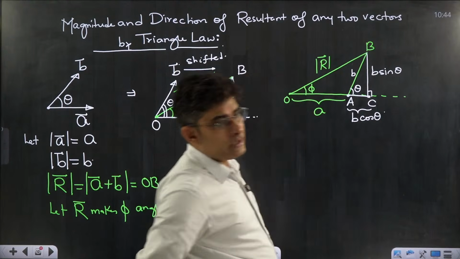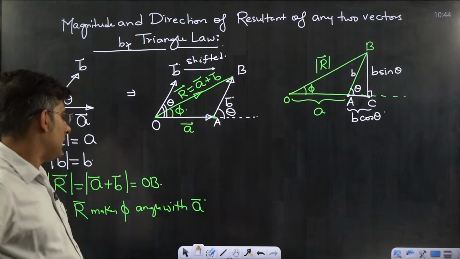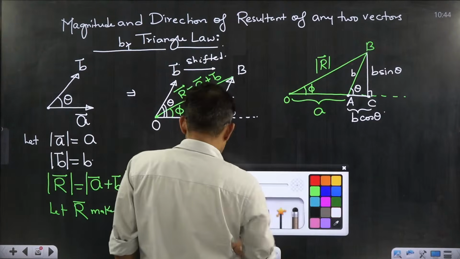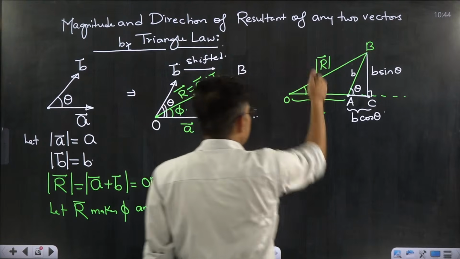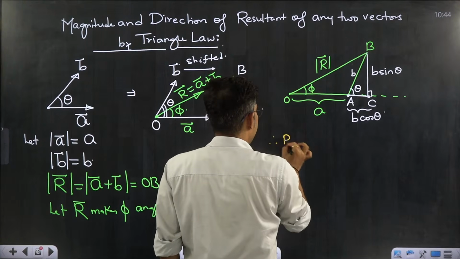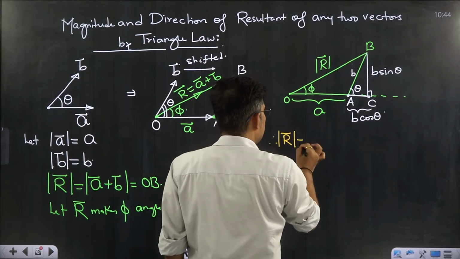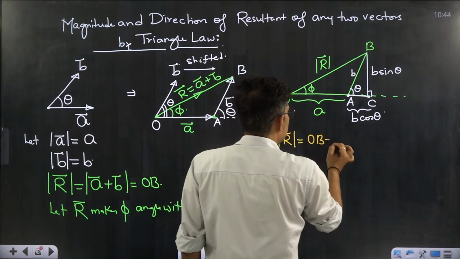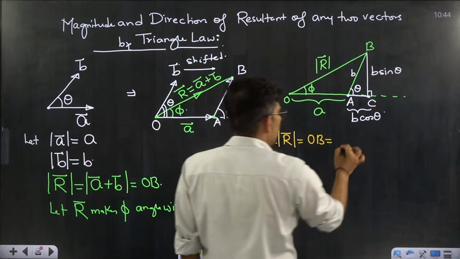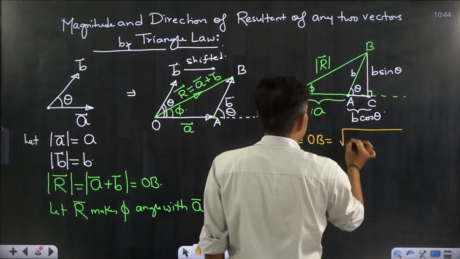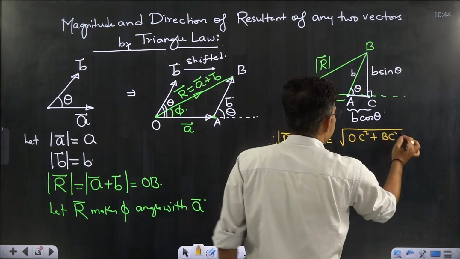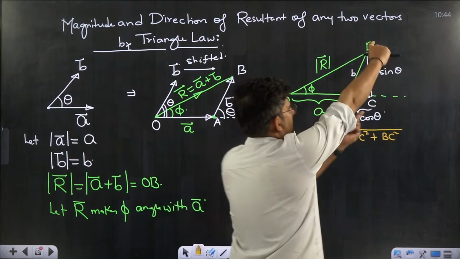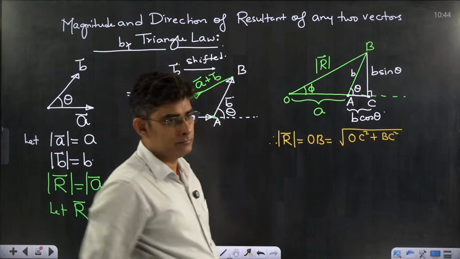So what was the use of this construction? The use is that now I will easily get the value of the resultant. So R vector magnitude, which is OB, is by Pythagoras theorem under root of OC square plus BC square, right angle triangle.